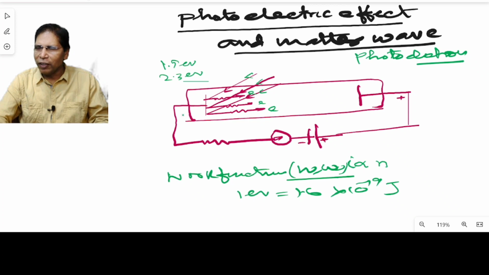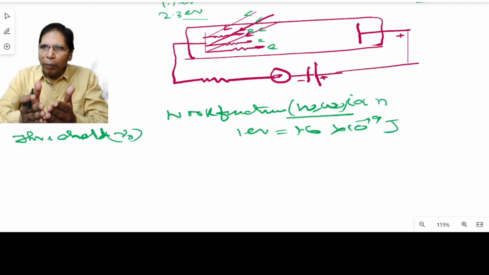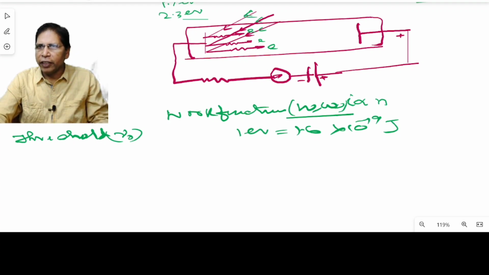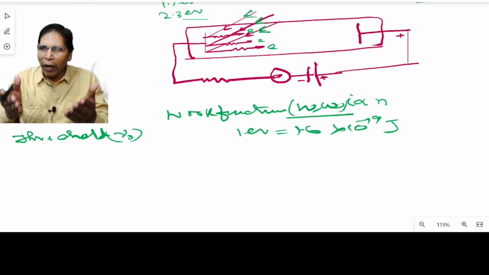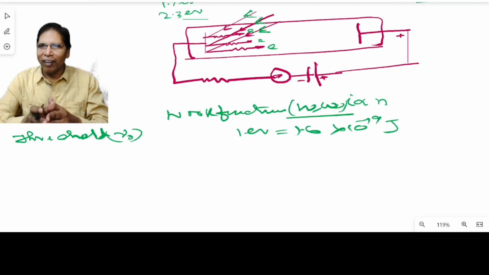Understood? Now, threshold frequency. Threshold frequency is denoted as nu naught. The minimum frequency of radiation by which emission of electrons takes place is called threshold frequency.